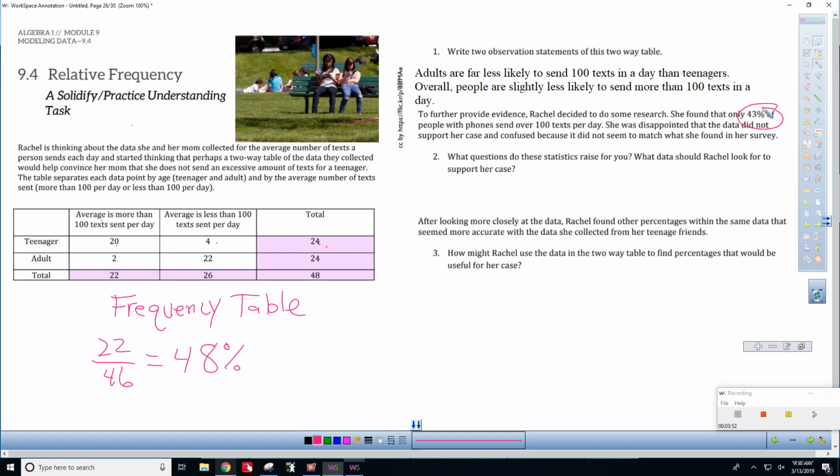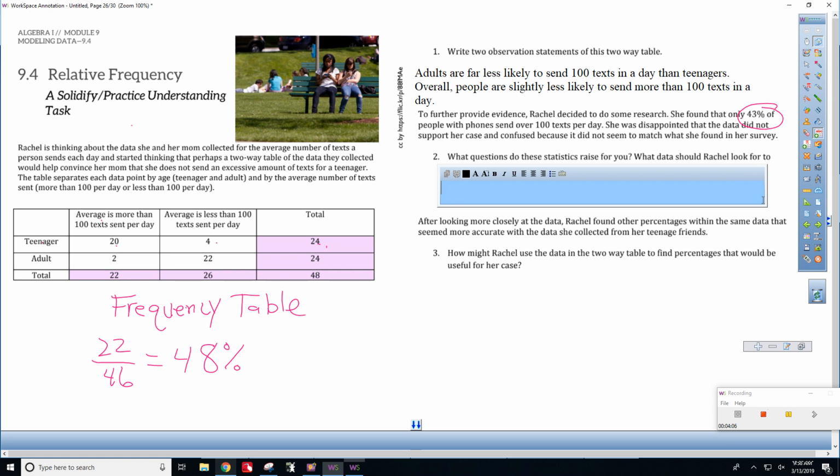Well, what do you think? I disagree. I don't think it's her calculations that are wrong. I think it depends who you survey, right? If you surveyed teenagers in Zimbabwe, you might get a far different result than if you surveyed teenagers in Montgomery, right?